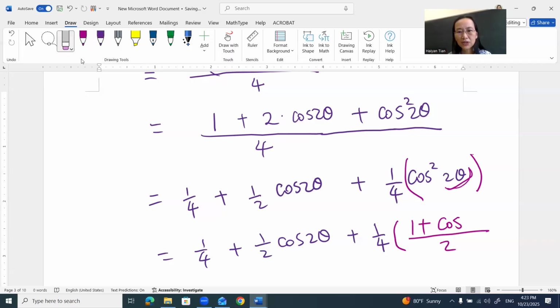So twice of 2 theta is 4 theta. So let's write cosine 4 theta.